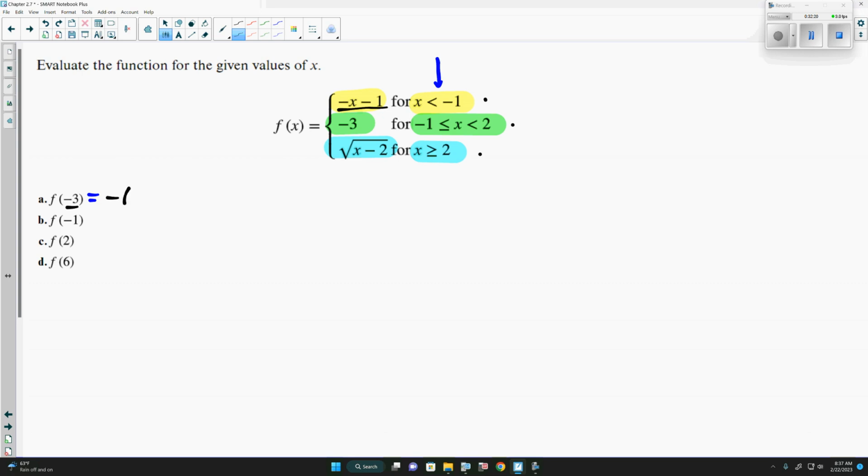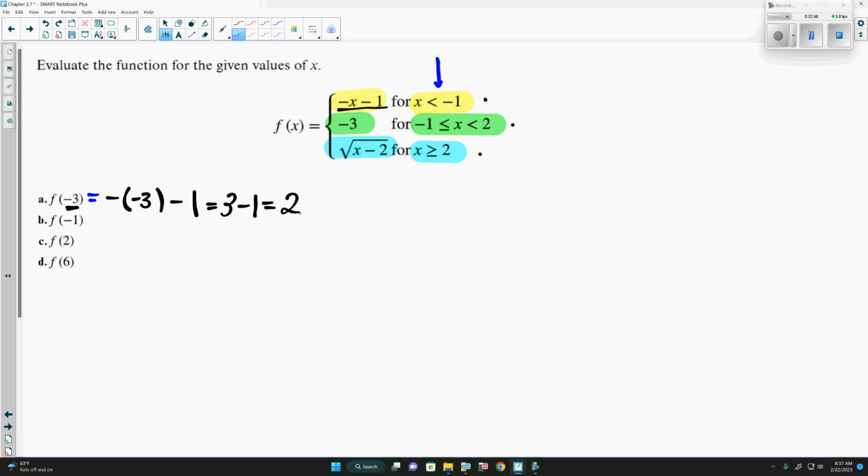And for us here, we'll use that function, negative x minus 1, and we replace x with its value. In this case, x is negative 3. Well, negative negative 3 is positive 3, and 3 minus 1 is 2. So f of negative 3 for this function is positive 2.